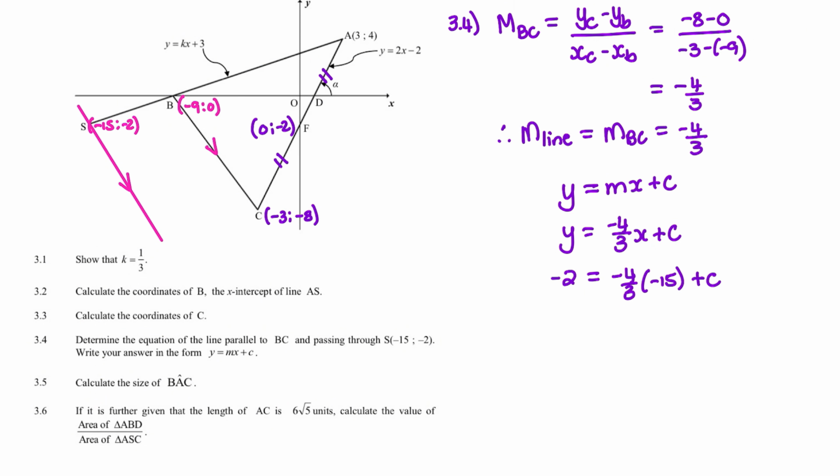And if I simplify, I have c is equal to -22. So I will simply multiply out on the right-hand side and move that result to the left. Therefore, the equation of the line is y = -4/3 x - 22.